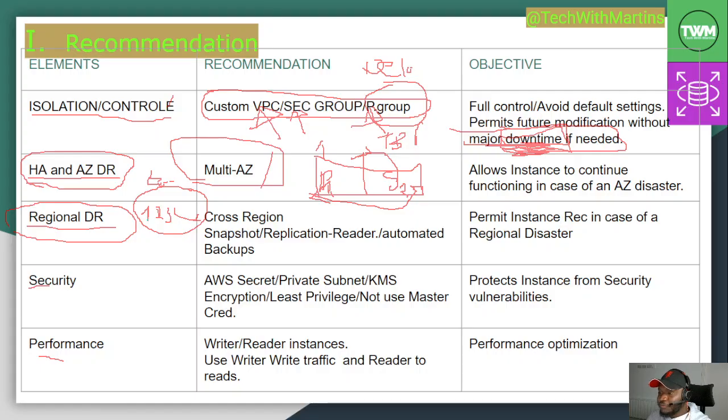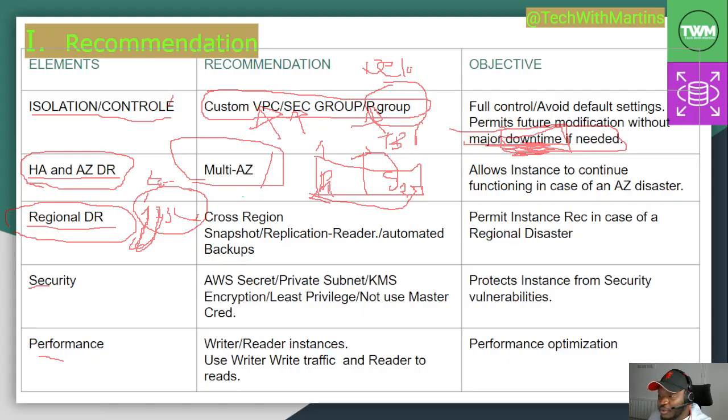Now if you configure multi-AZ between US East 1A and US East 1B, when US East 1A is down, US East 1B is going to take over. Now, what happens when the whole US East 1 region is down? Even if you configured multi-AZ, you will not be able to have high availability and disaster recovery, right?